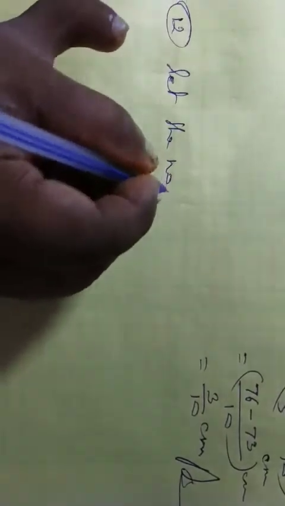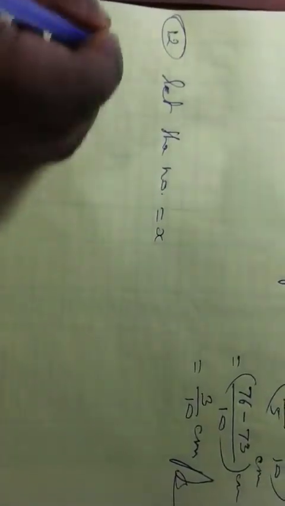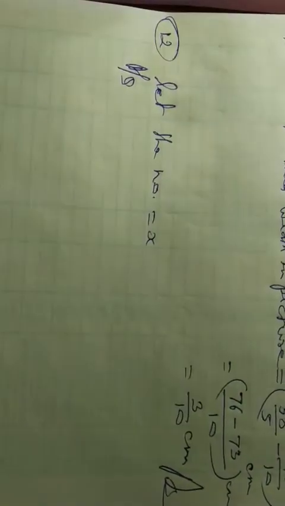Let the number be x. According to the question, a student, what should be added to 7 whole 4 by 15 to get 8 whole 2 by 5? 8 whole 2 by 5 is the result.